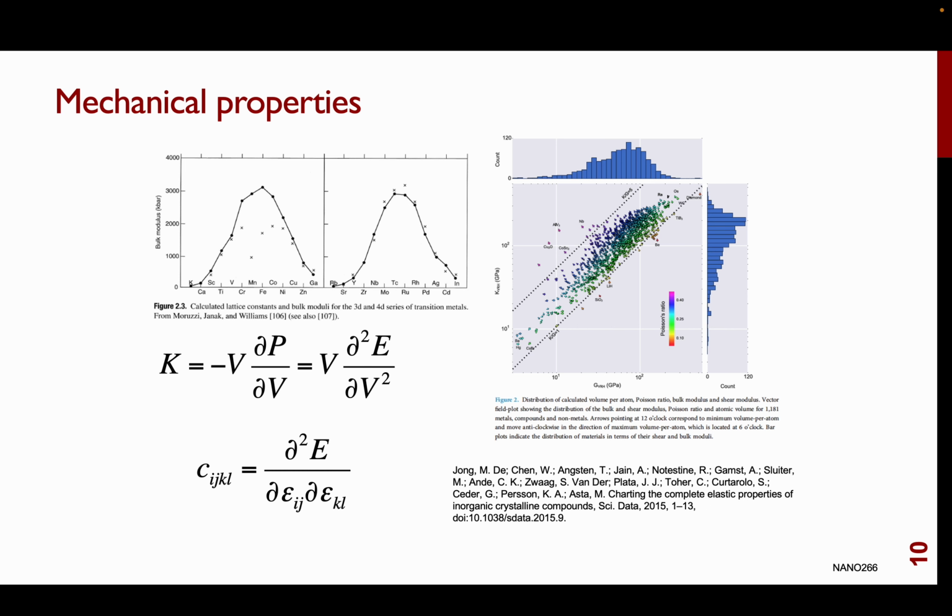Now, what you see here is the plot of the bulk modulus for different transition metals plotted against the experimental bulk modulus, okay? So the crosses are basically the experimental bulk modulus, and the solid dots are the calculated ones, okay?